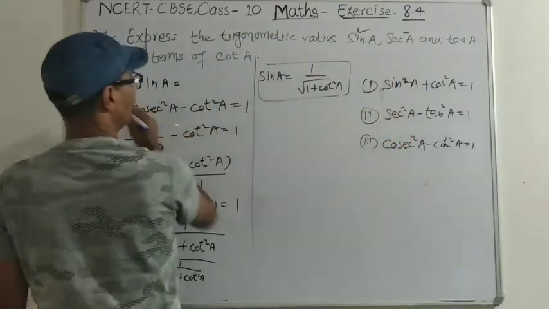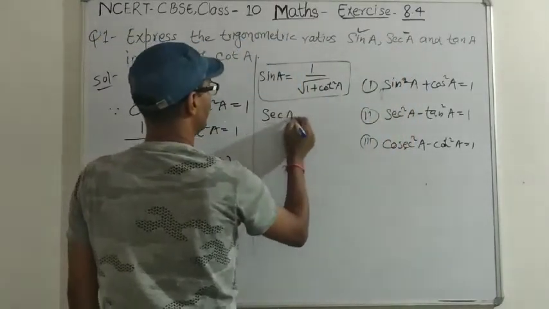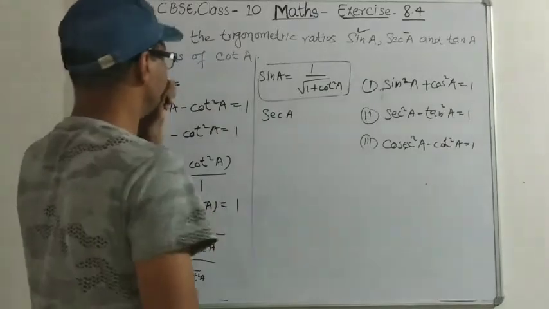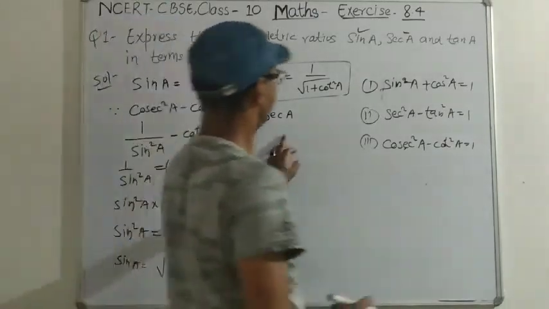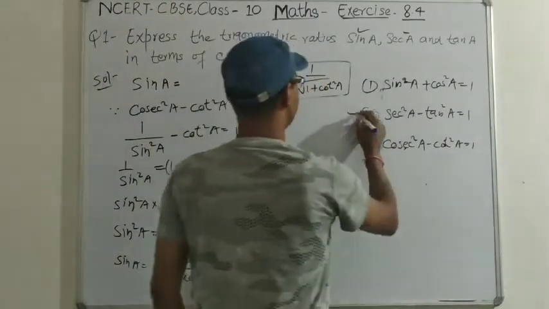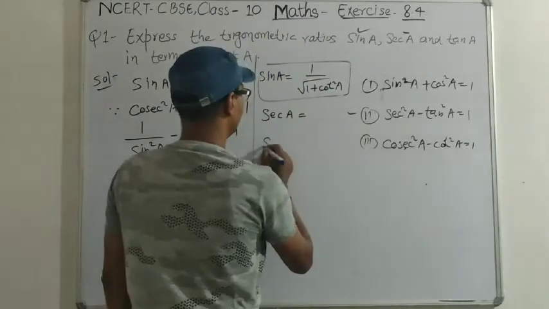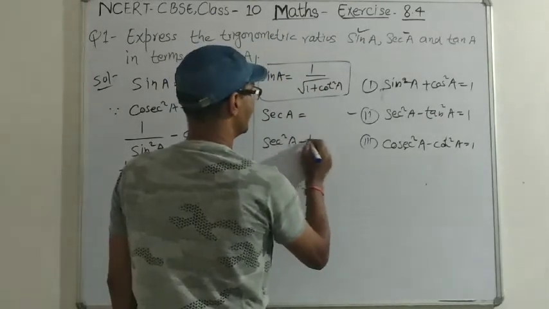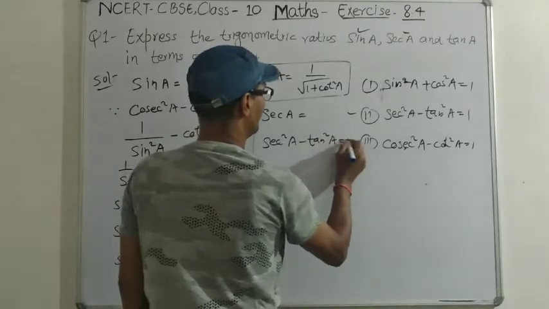Sec A. Now see here, sec A is here. If we use this, sec square A minus tan square A equal to 1.